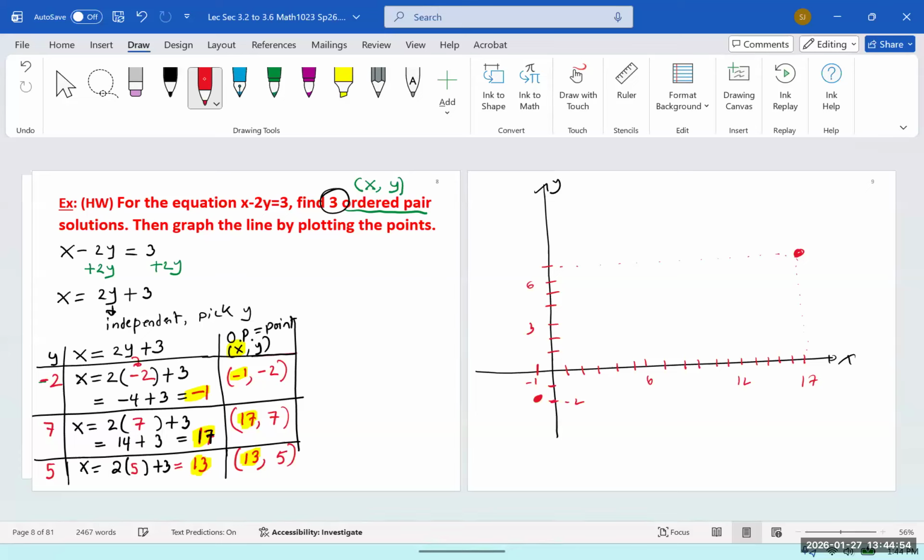Here. This is the 17, 7 point. This is the -1, -2 point. And we have another point, 13, 5. So when x is 13, y is 5. And then you connect them with a straight line.